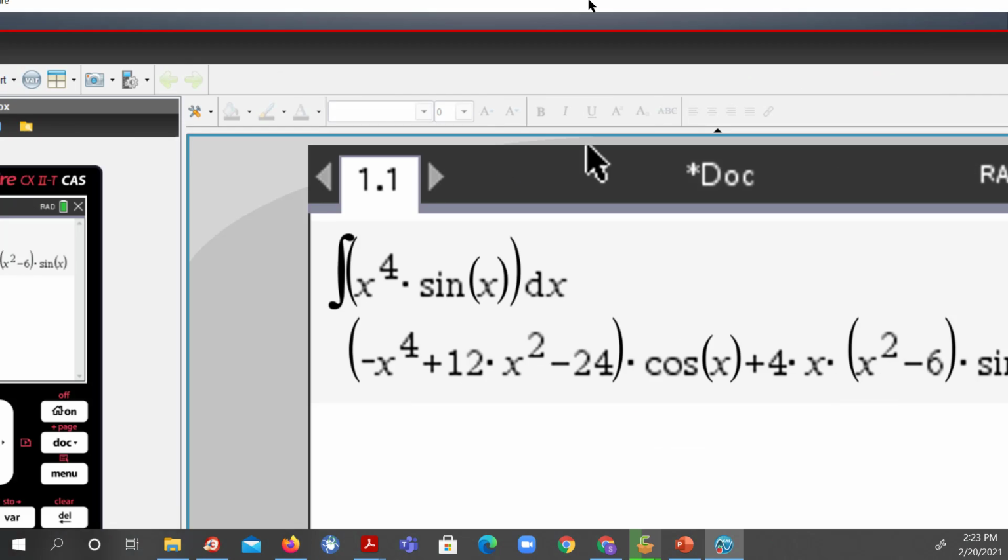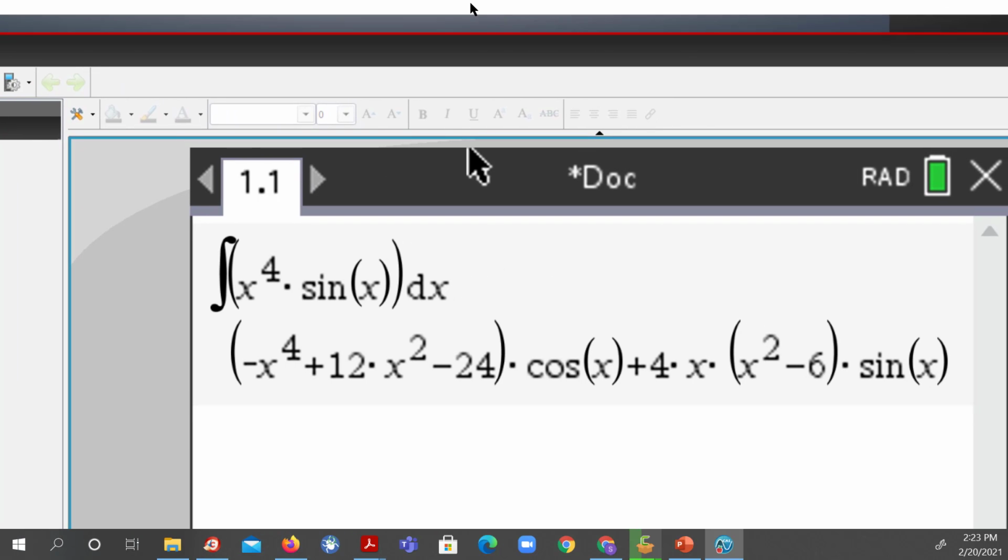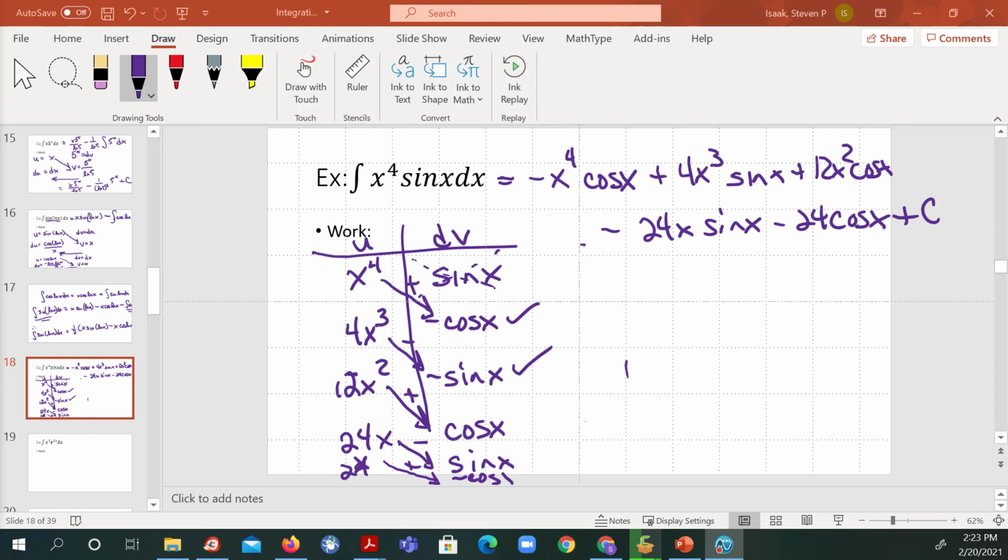I'm going to drag this over, so I integrated that so you can see that we came up with the same answer. Now the Inspire doesn't give us constants, so we have to be careful.